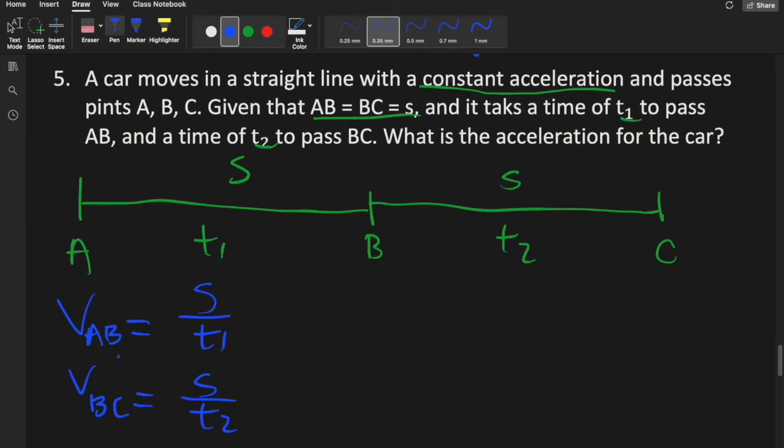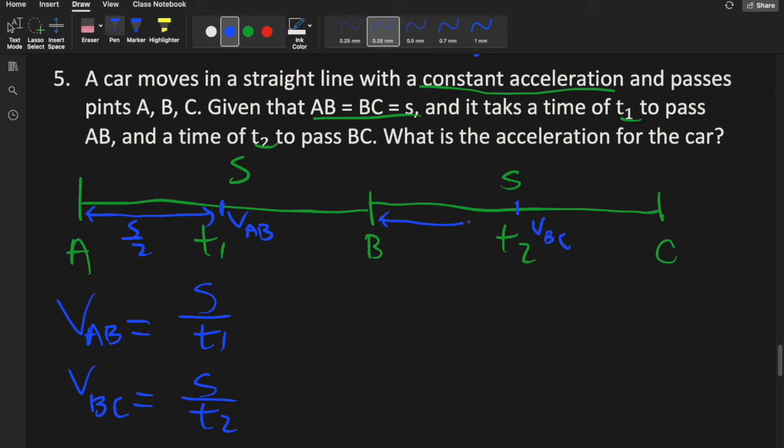So where are velocity AB and velocity BC on the picture? Well, because it has a constant acceleration, the average velocity must be in the middle here. So if it is in the middle, here must be S over 2. So here is VAB, and here must be VBC.